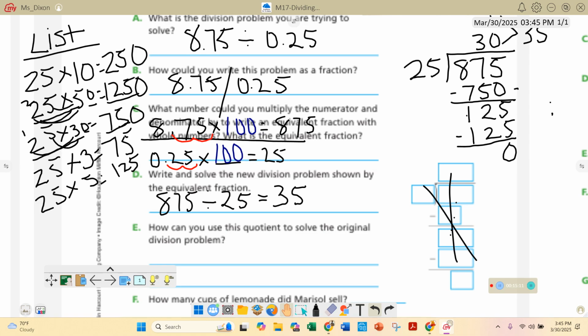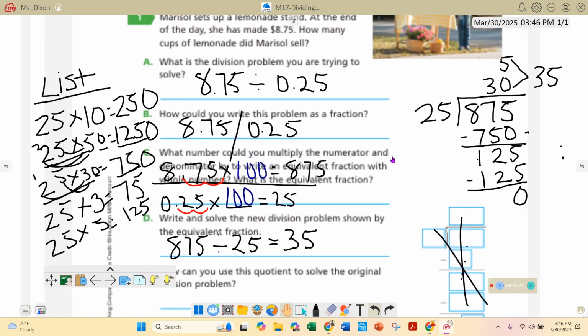All right, how can you use this quotient to solve the original problem? If you look at question B, where we created an equivalent fraction in question C, since these two fractions are equivalent, our answer would be the same no matter which fraction we use.